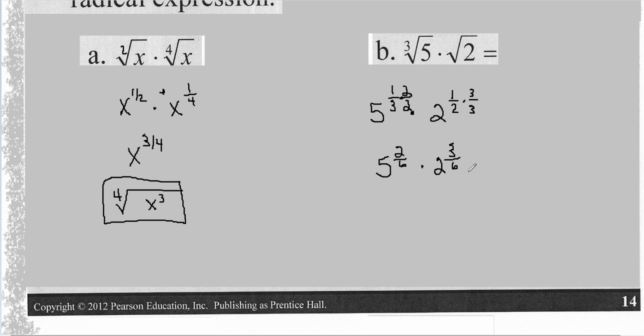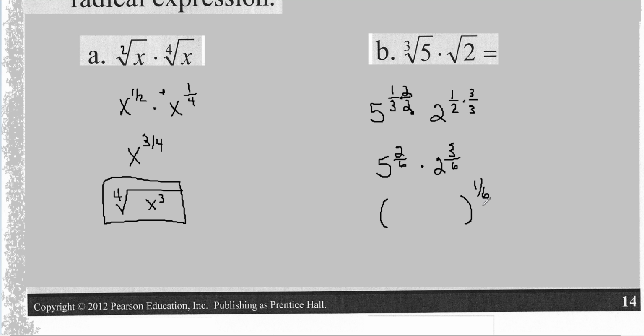Okay, so now what can I do? I could factor out from this 2/6 and 3/6 a 1/6, and that would look like something like this. I know this seems odd, but I'm heading for the power rule.